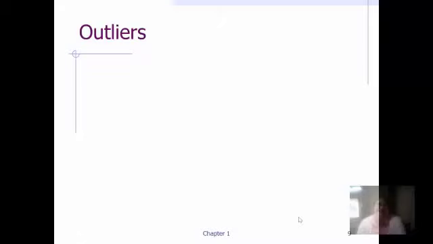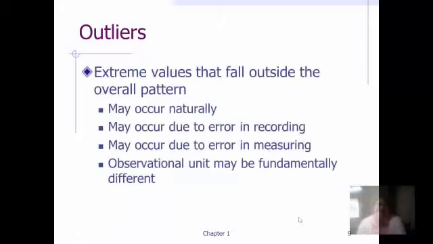Now, outliers are things that don't fit with our pattern. They may occur naturally, they may be due to an error in recording, they may occur because we measured incorrectly, or the observational unit may be fundamentally different.